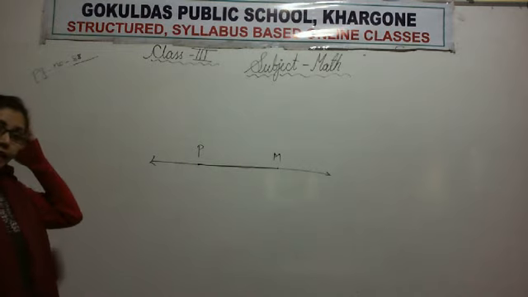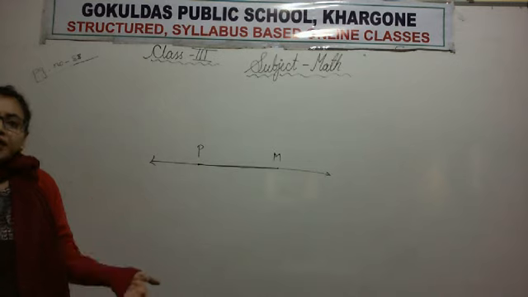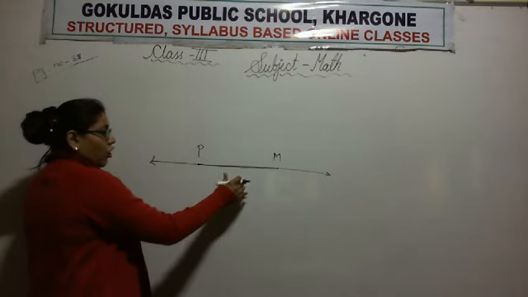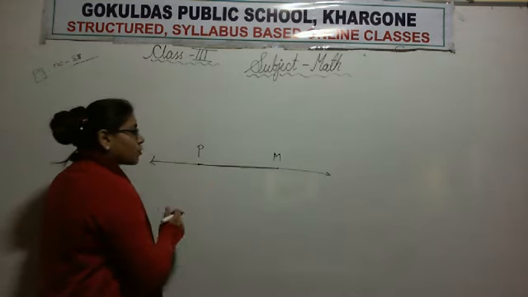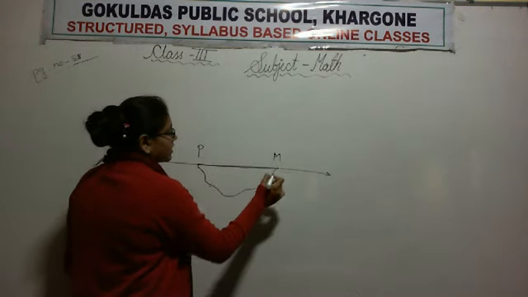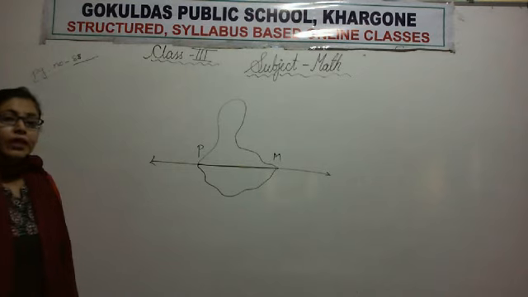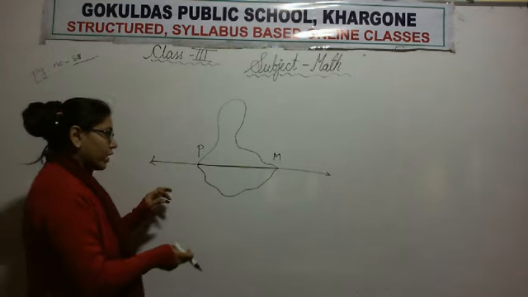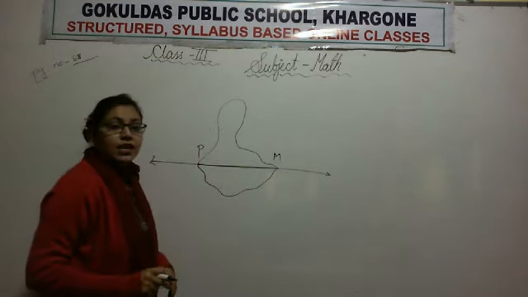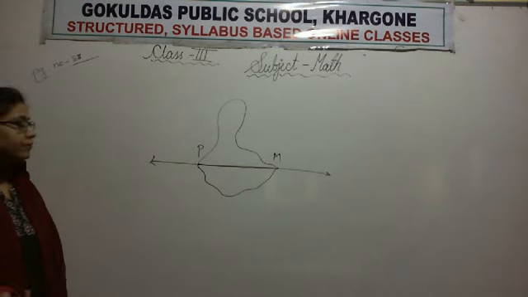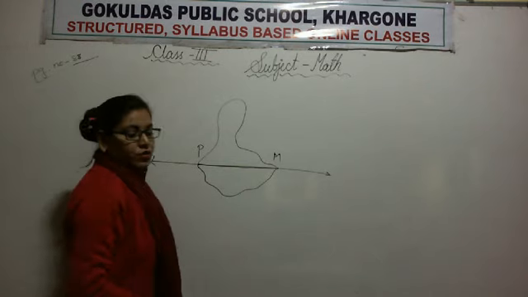Or in other words, the shortest distance. If I say the distance between these 2 points, somebody may take the distance like this also, but the shortest distance between 2 points is called a line segment. Okay students?